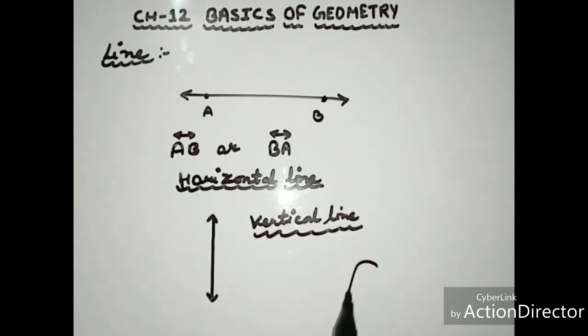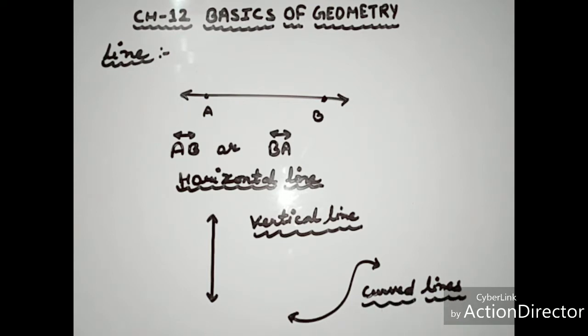And curved line. A vertical line is also known as a standing line, and examples of a curved line are a curved road, the curved line of a railway track, etc.